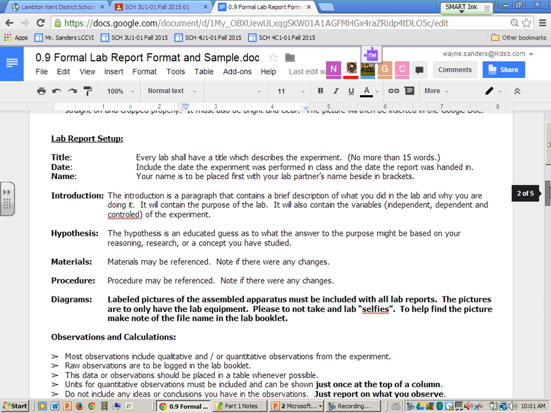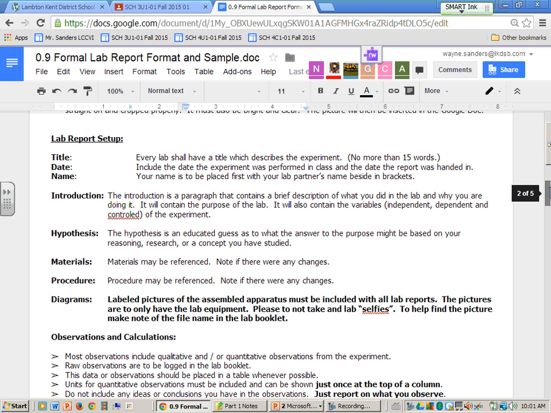That's one of the purposes. We actually have 3 purposes in this experiment, so you'll need 3 paragraphs. You'll tell me what the purpose is, tell me really simply what you did to test that purpose, and in the end, why you're doing it, to find the hottest part of the flame. So again, it's quite logical: what we did, why we're doing it.